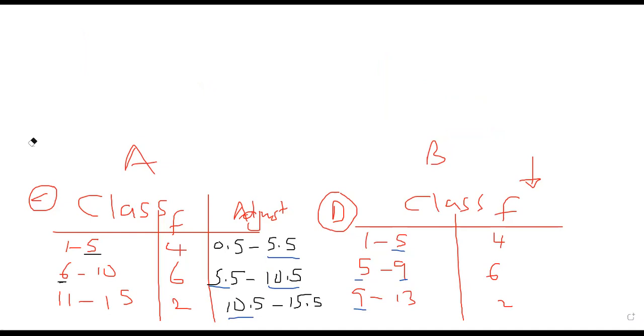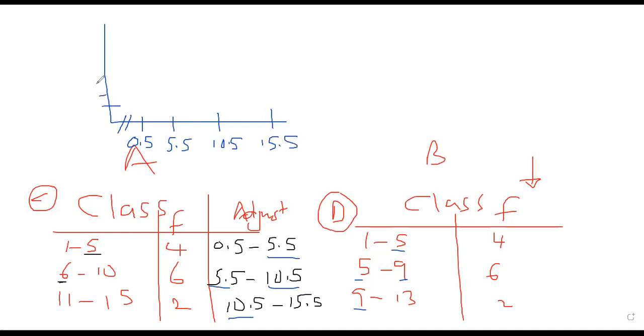So now we're able to draw a histogram for A. You cut it here because sometimes not starting from 0 exactly. So we have 0.5, 5.5, 10.5, 15.5. The frequencies we have 1, 2, 3, 4, 5, 6.